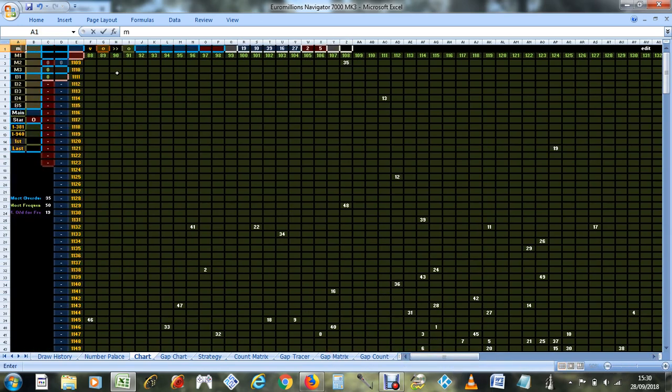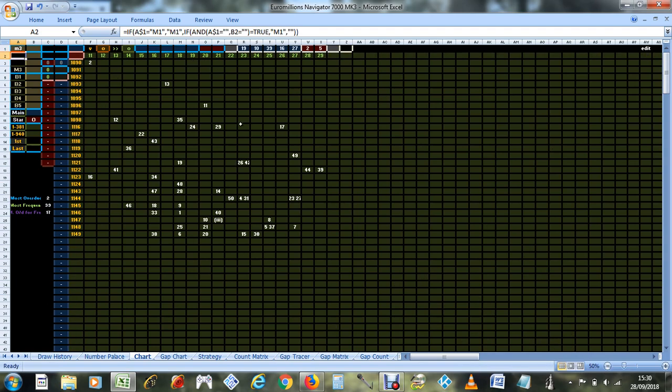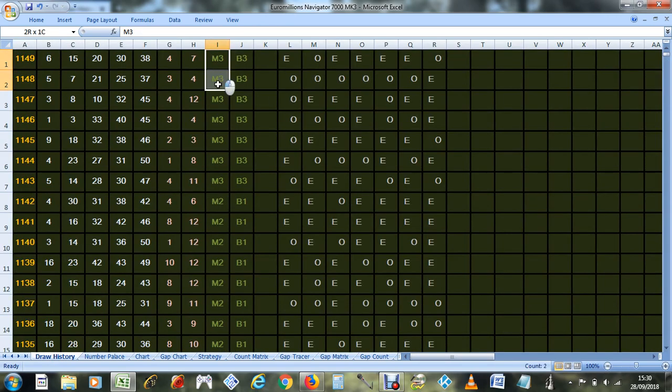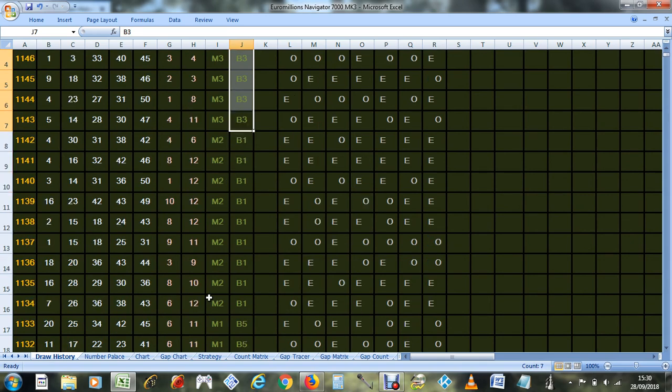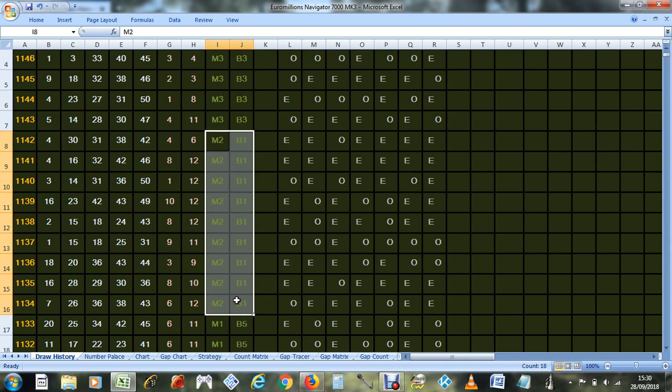the chart for the individual machine which is being used this month. See, it's machine 3 for September and set of balls 3. They've been using the same machine and set of balls all month, like they did last month.